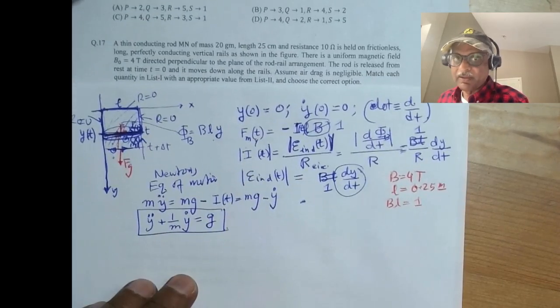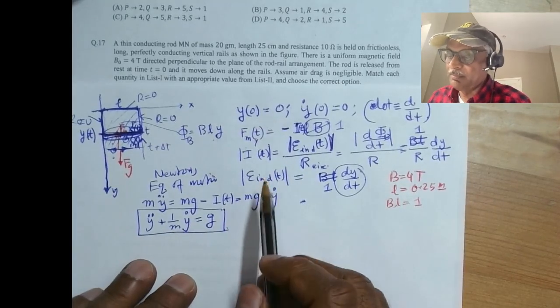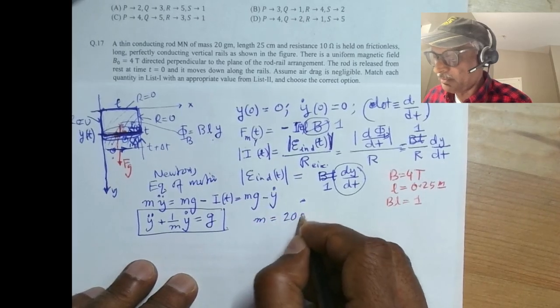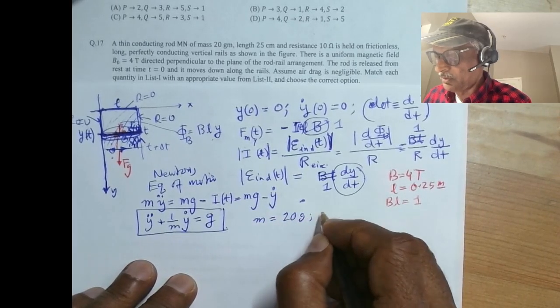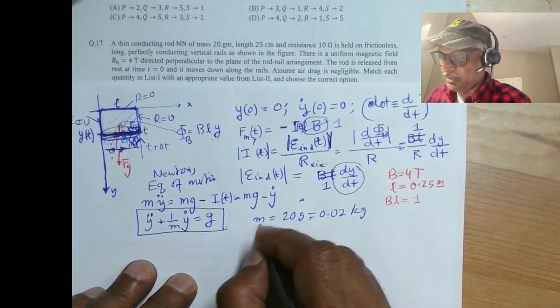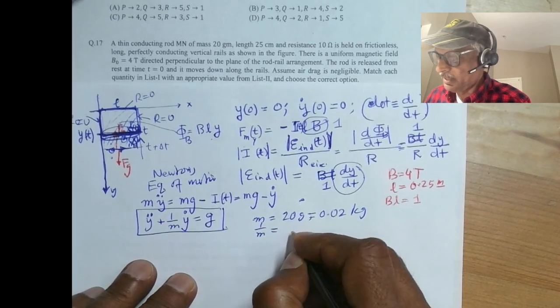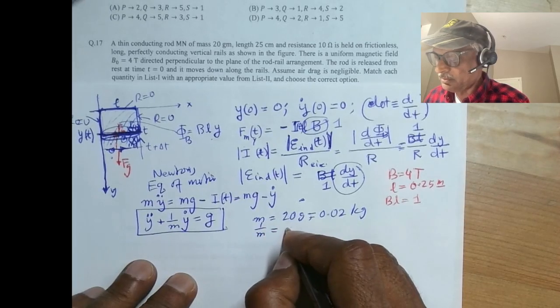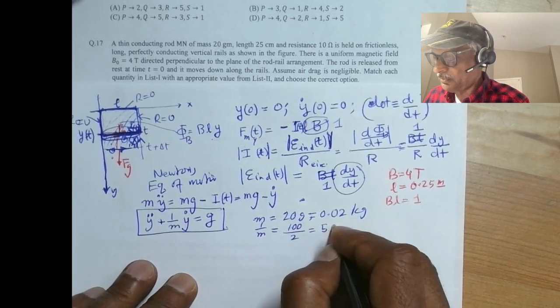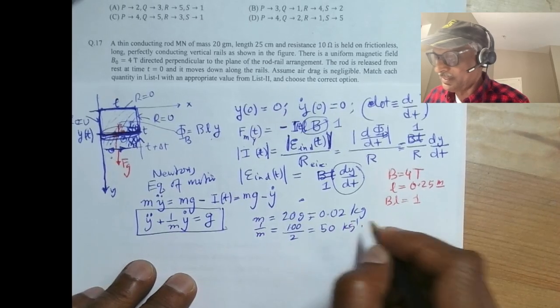The m equals 20 gram, so 0.02 kilogram. So 1 over m is 100 over 2, which is 50 per kilogram.